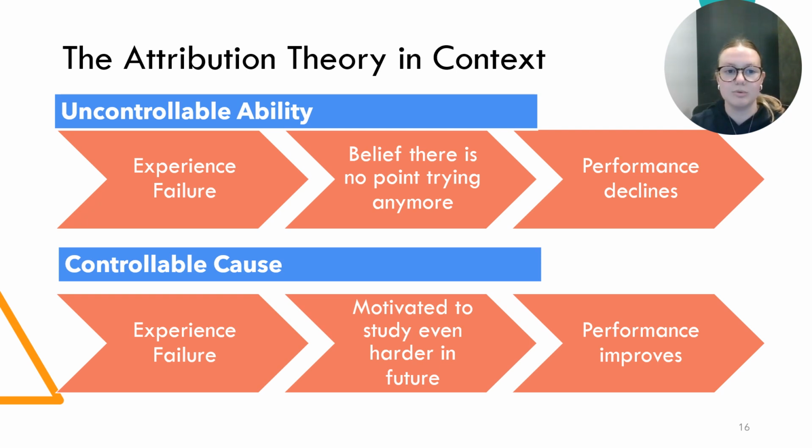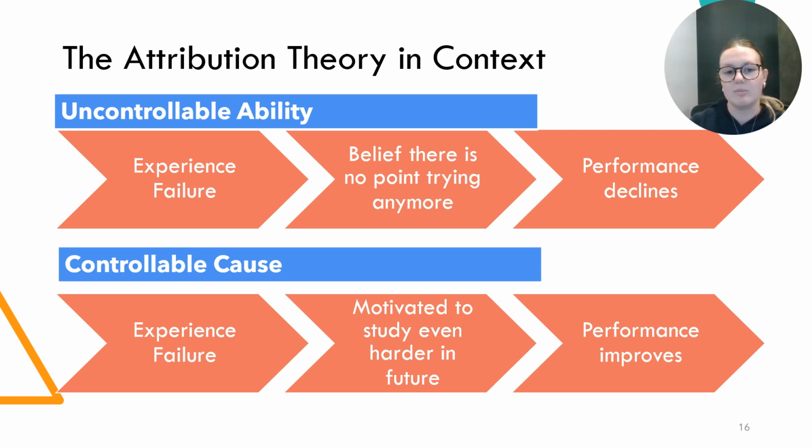The uncontrollable ability is considered as the state where one's lack of ability is considered to be failure. It follows the structure of a student experiencing failure and then going on to believing they're not capable of doing any better than what they failed in, and therefore not taking responsibility for their poor result.